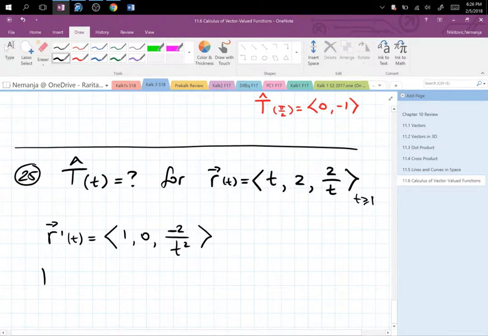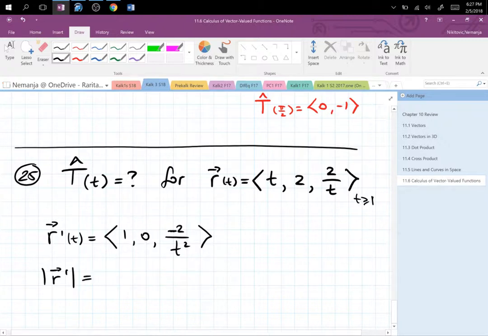Those of you having issues with the derivative, you can think of this as 2 times t to the negative 1, and then when you differentiate, comes negative 2 t to the negative 2. Good. Calc 3.